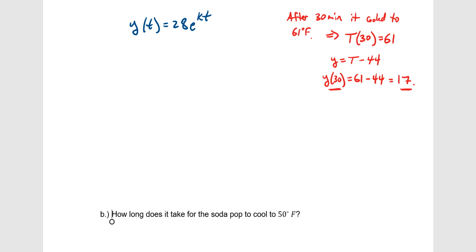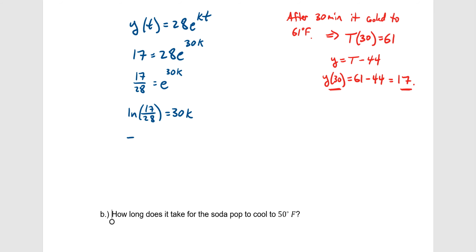So that's what we have to use. 30 is our t. Our Y of t is 17. Plug those in and let's solve for k. So we get 17 equals 28 e to the 30k. Divide both sides by 28, and we take the ln of both sides. ln of 17 over 28 equals 30k.